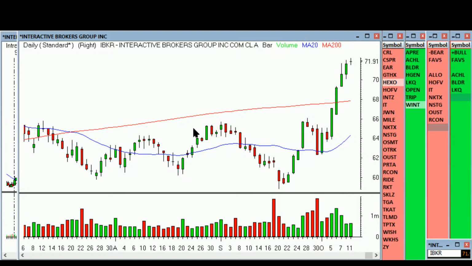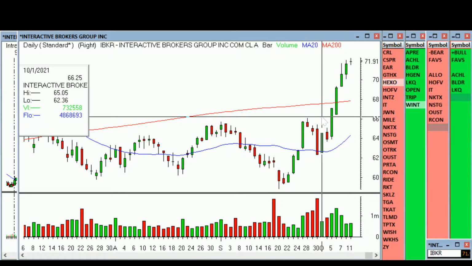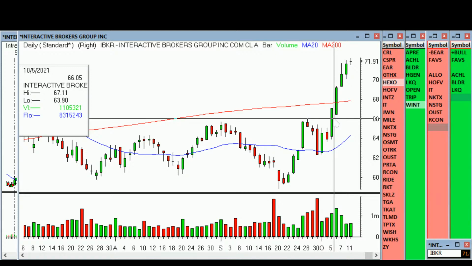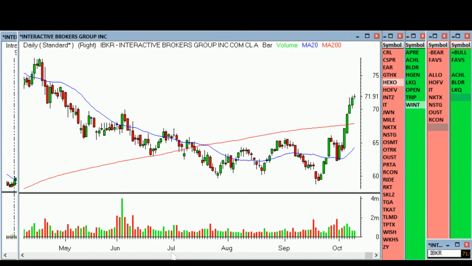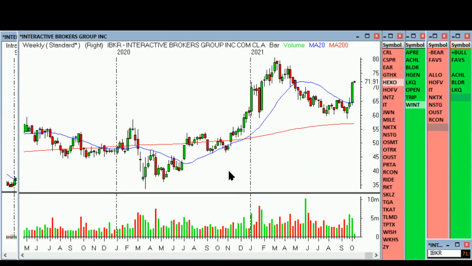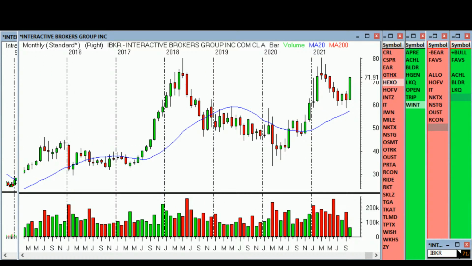I do pay attention to them because when they halt the stock, as it did here, I want to be getting ready to get in it long, and that was the entry right here. But yeah, I still will take a trade if the pattern is really good. On this one, how can we say this isn't good? Look at that pullback inside of an igniting move with a shakeout bar.